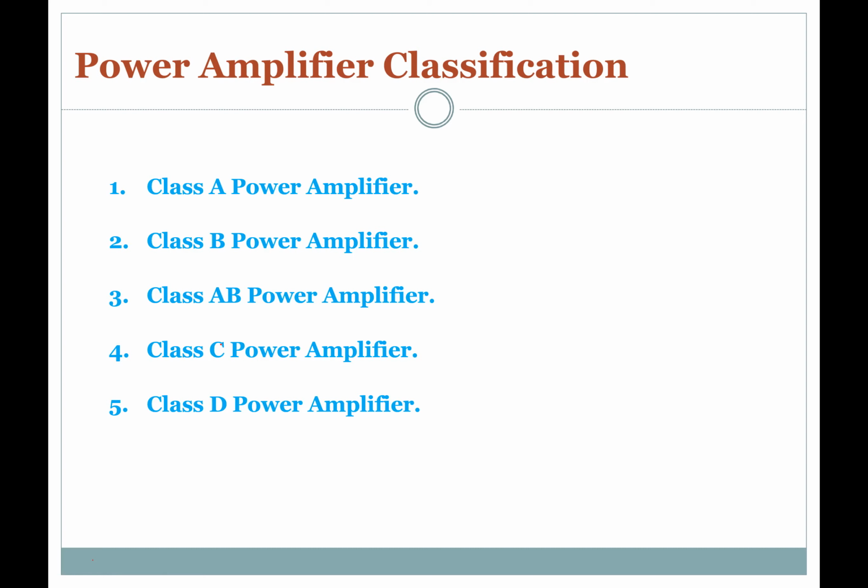For the scope of this course, we have the class A amplifier, the class B, the class AB, the class C, and then the class D. But our main concentration is going to be on class A, class B, and then class AB, even though we would look briefly at class C and also at class D.